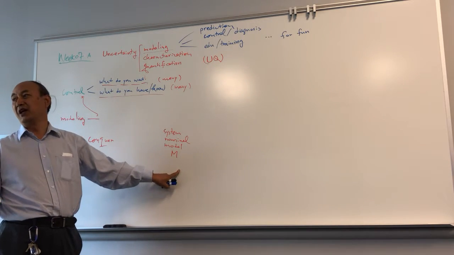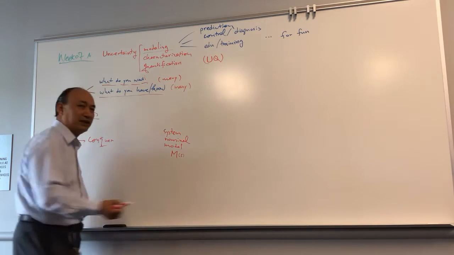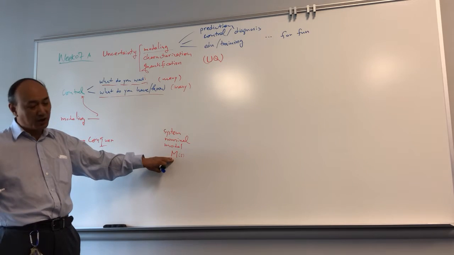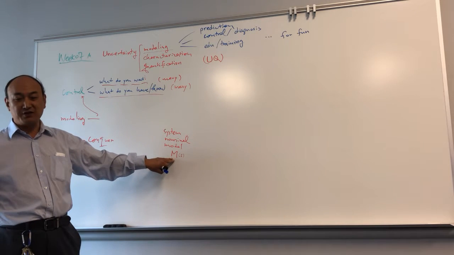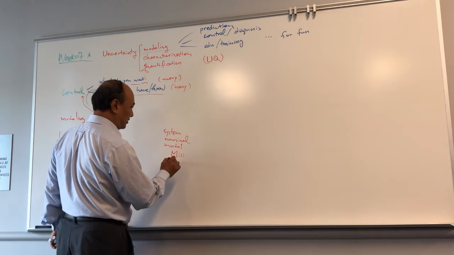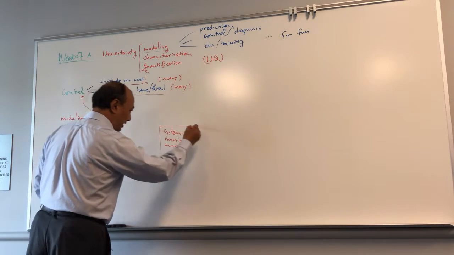We call this the M matrix. Of course, the M could be dynamic. It could be square or non-square, a transfer function matrix, TFM. So let's draw that.